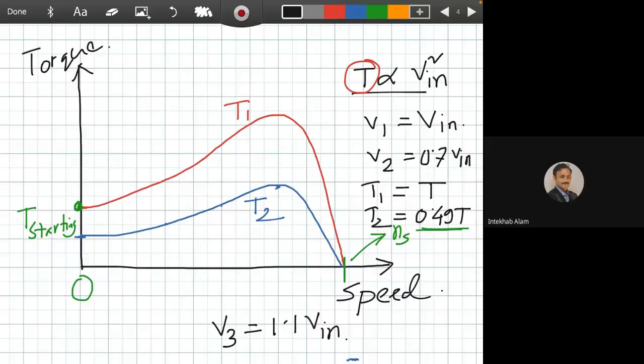Good, that's the point. So the starting torque will be 1.21 multiplied by this. Okay, so T3 will be 1.21 T every time.